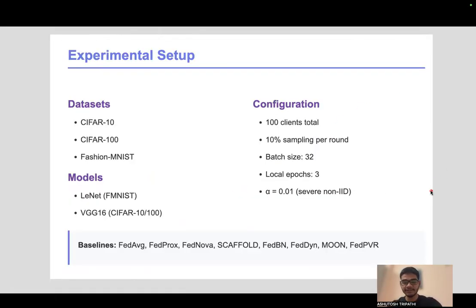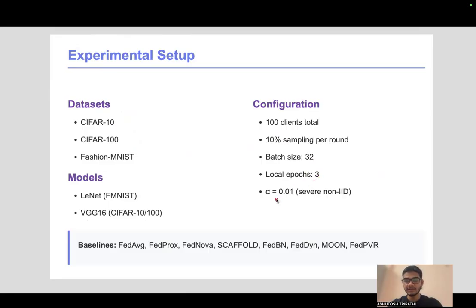Let's talk about some experiments. For the experimental setup, we have used three data sets: CIFAR 10, CIFAR 100, and Fashion MNIST. And we have taken 100 clients in total and 10% sampling per round. Out of 100, we are sampling only 10 clients per round. Batch size is 32, local epochs is 3.